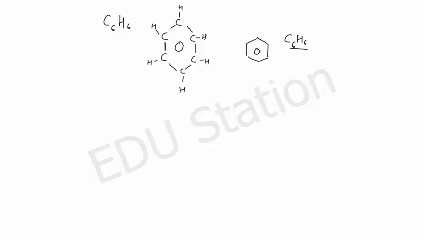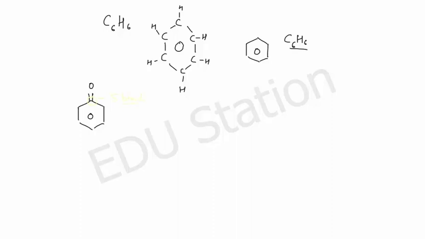If we are going to substitute the hydrogen in benzene, since hydrogen is connected to carbon via single bond, say if I have this structure, this is not possible in chemistry because this particular carbon is going to have 5 bonds, which is not possible.